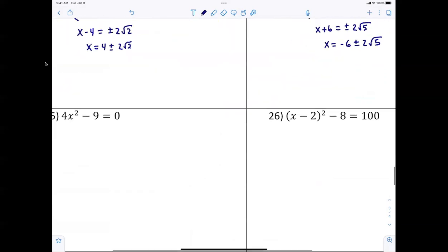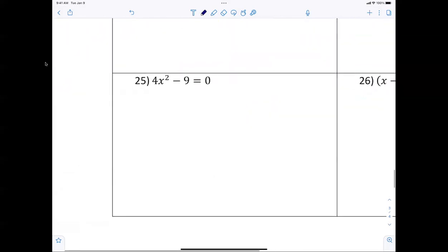All right, let's look at 25. Now, again, to me personally, there is one square term here, so I just like to isolate the square term by adding 9 and then what? Dividing by 4, right? So 4x squared equals 9. X squared equals 9 over 4.